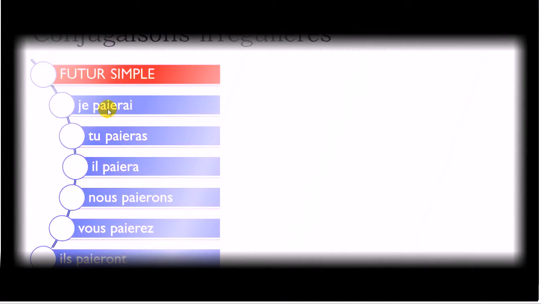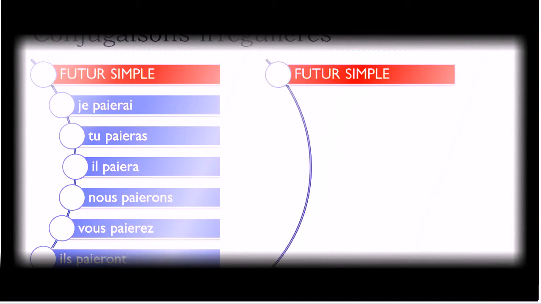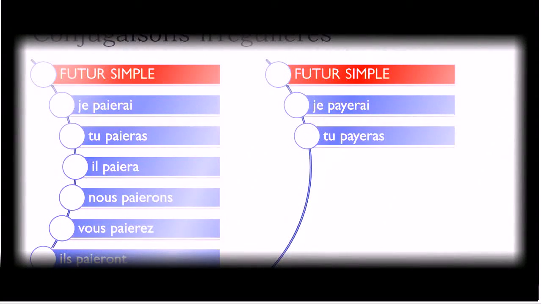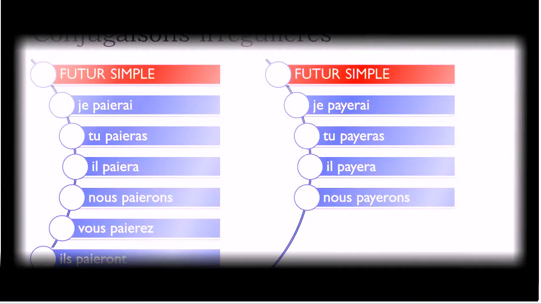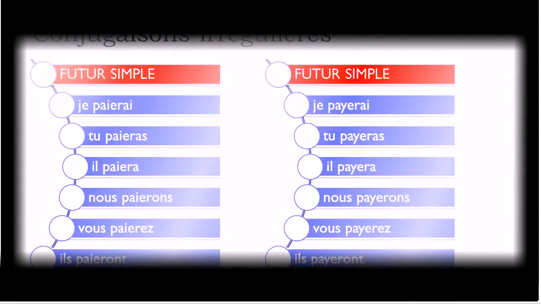This Y is gone and it's replaced by this I for each form. But it's also possible to use je payerai, tu payeras, il payera, nous payerons, vous payerez, ils payeront. It is an option for you to keep this Y, and it won't be considered as a mistake, or it shouldn't be anyway.